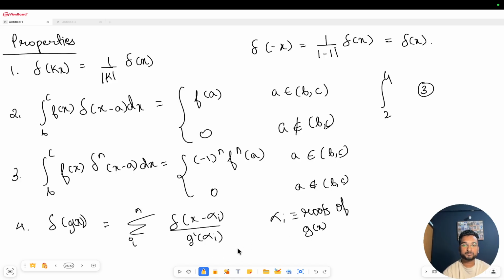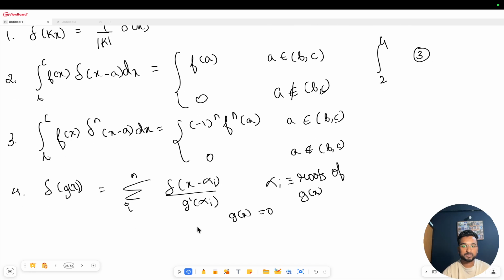That means you just put g of x equals 0 and you will get the roots, and g dash of alpha i is the derivative dg(x)/dx evaluated at alpha i, for the different roots. n is the number of roots, and the alpha i are the roots.